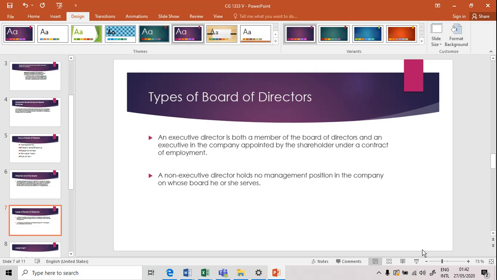So their roles can be summarized as contributing to the strategic plan, scrutinizing the performance of the executive directors, providing external perspective on risk management, and dealing with different people issues, such as resolving conflict, among others.